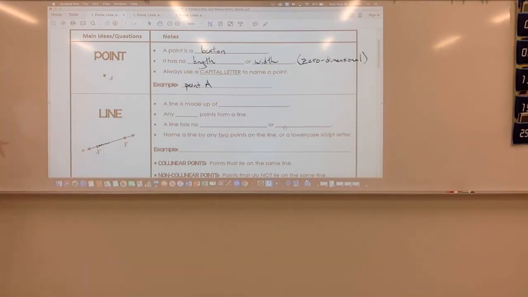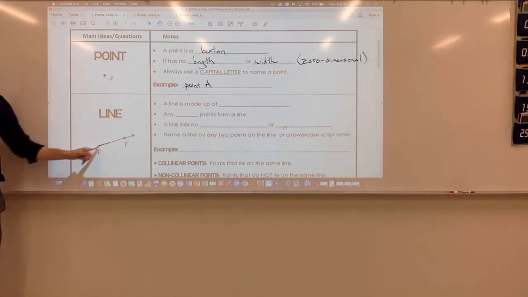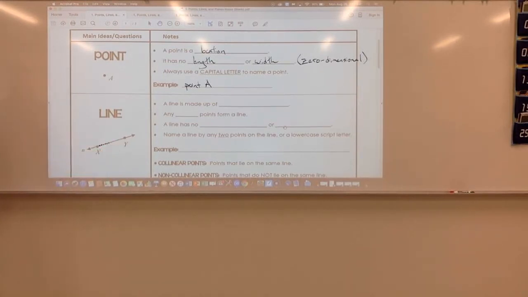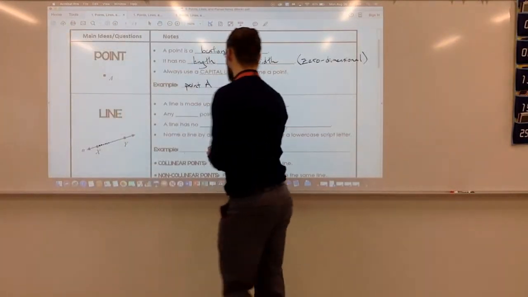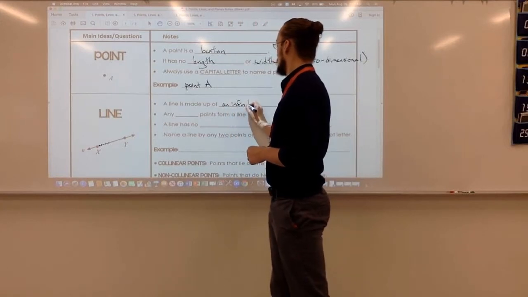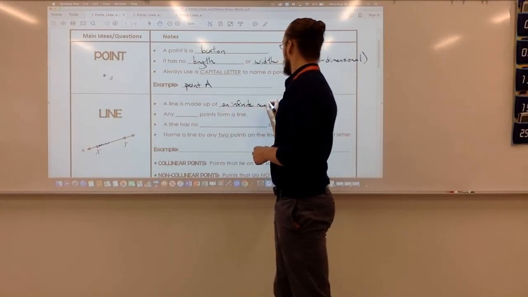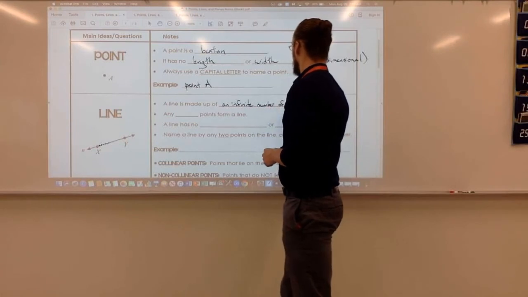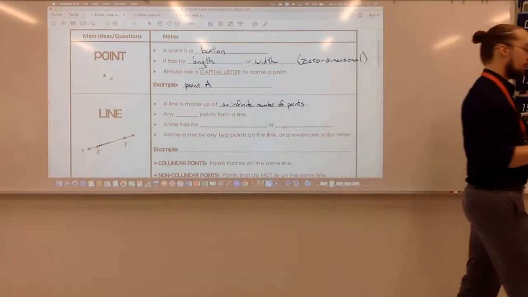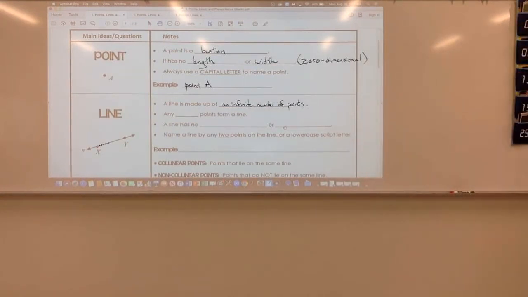We can put as many points as we want on this line. Even just between x and y, we can say there's an infinite number of points on that line. So we can say a line is made up of an infinite number of points. But you're absolutely right that we could draw a line between any 2 points.